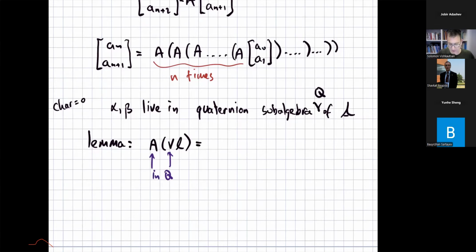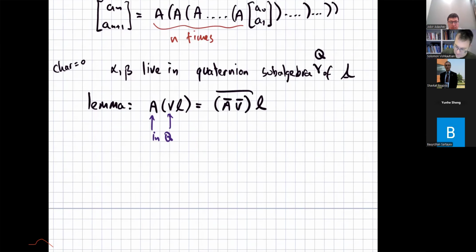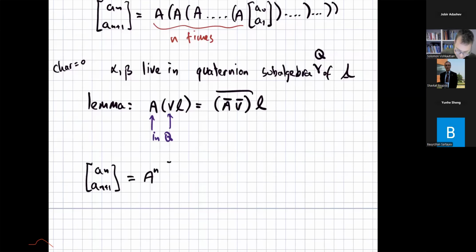L is the generator of the Octonion algebra, and we have the following way of pulling L out of this product. So now we can write our relation as follows. If we have A0, we write it as Q plus SL, and A1 is R plus TL.